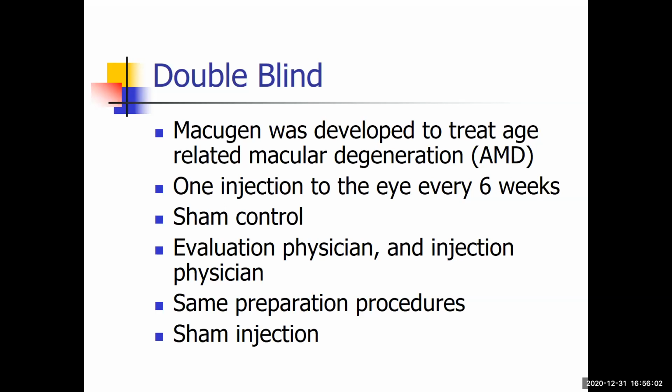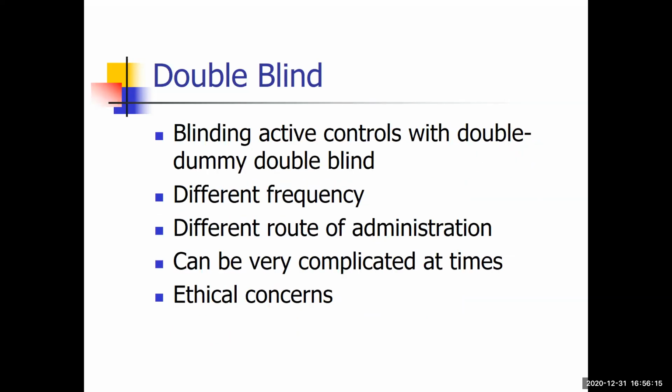There's all the same preparation, but the injection physician will just touch the eyeball, and not actually inject into it. Blinding active controls with double blind, double dummy, and sometimes different frequency or different route of administration can be very complicated at times, and there are ethical concerns.